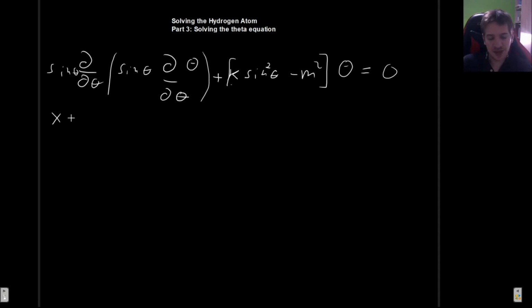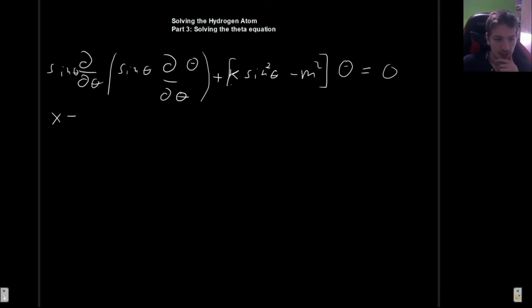So if that didn't make much sense, don't worry. Another way to see it is that this might be kind of similar to a very well-known mathematical equation, which is the Legendre equation. In this case, it's going to be closer to the associated Legendre equation. But since you probably don't have much experience with that, I'm not going to mention it until we actually get to it.